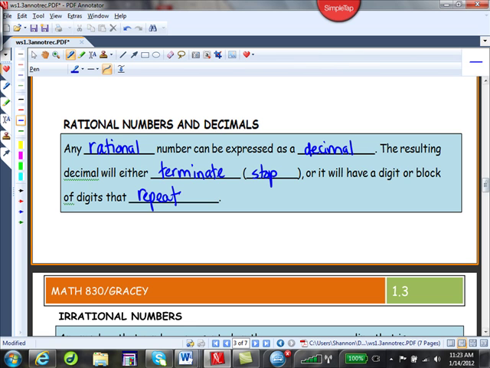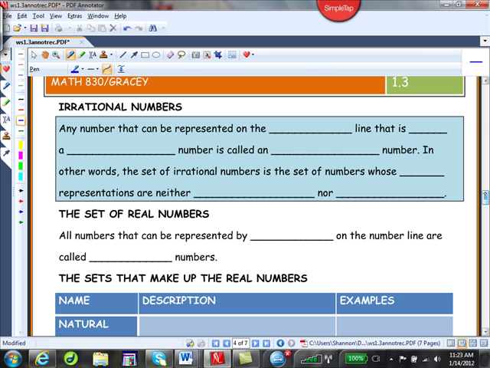Irrational numbers. Irrational numbers are basically numbers that aren't rational. So any number that can be represented on the number line that is not a rational number is called an irrational number.